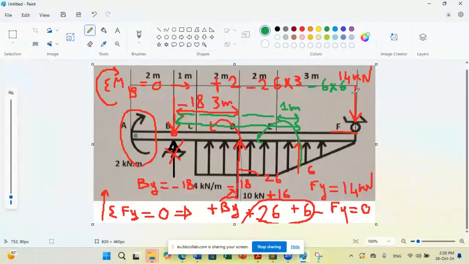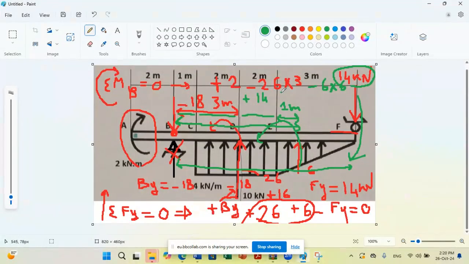And finally, the final force is Fy. We want to verify that the calculation is true. So the moment of this force is clockwise about B, so we should put plus 14 times the total distance from B to F. The total distance from B to F is 1 plus 2, 3, plus 2, 5, plus 3, 8.